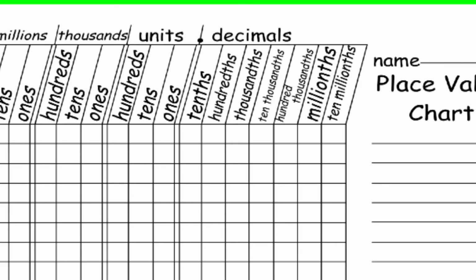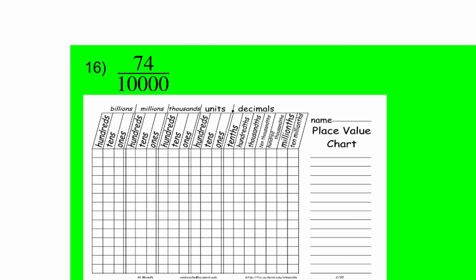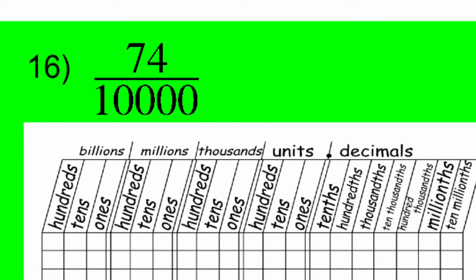Now let's look at one last question. I think this is the last one. 74 out of 10,000. So 10,000, 4 zeros, indicates we need to have 4 decimal spots. Tenths, hundredths, thousandths, 10,000ths, right? That's what our decimal has to go up to.